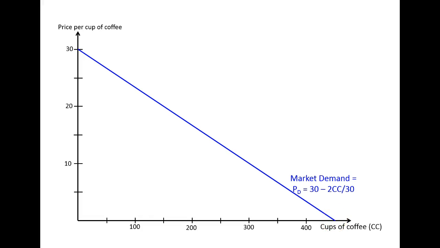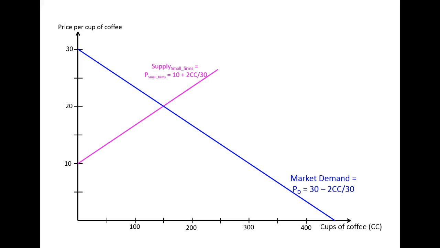We have some firms that we call small firms, and they act as price takers, so we have a supply function for them. Let's assume that the inverted supply function is 10 plus 2 cups of coffee divided by 30. So the lowest price they are willing to sell at is 10 money.